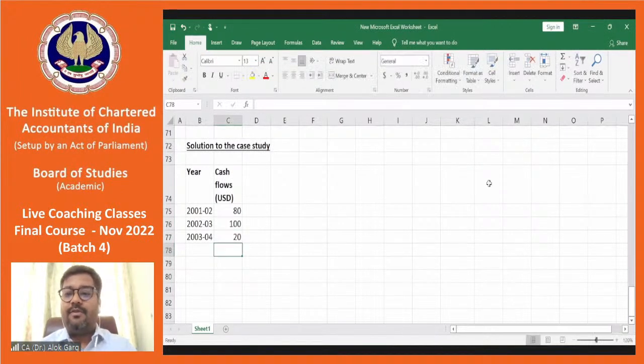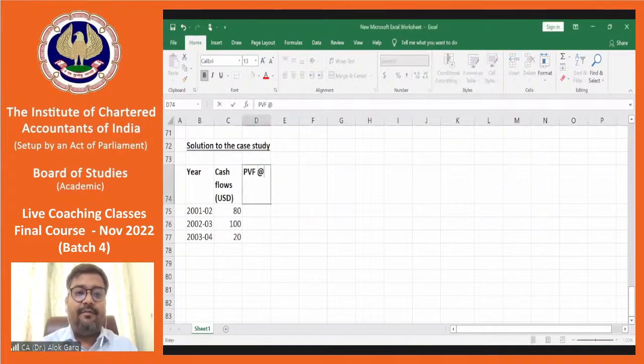And the discount rate was given. Discount rate was 15% for US dollar, right? Sorry, 10%. It was 10% for US, and it was 15% for India, right? So my present value factor at the rate of 10%, which is for US.